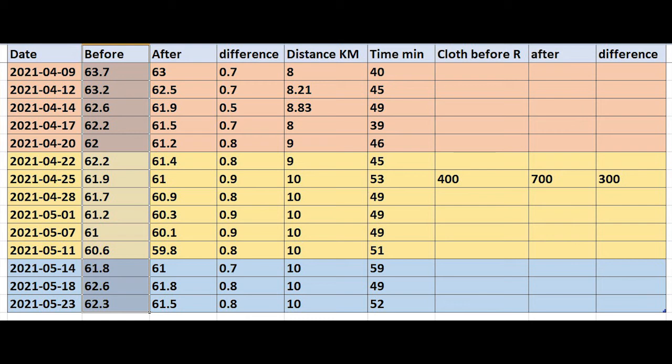And on 18th of May it's 62.6, which is also 800 grams more. Later on the 23rd it's less, 62.3, with 300 grams less.